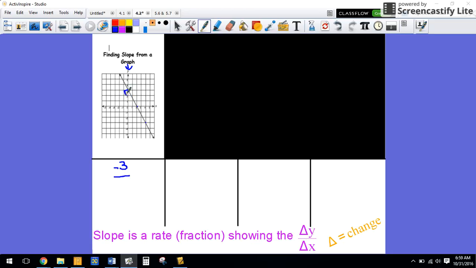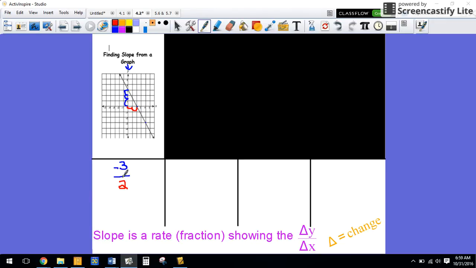So here was my y, 1, 2, 3. Now I'm going to do my x, and I'm going to change colors here just so you guys can see that better. So now I need to count over, and I'm going to go over 1, 2. And I went to the right, and to the right is going toward positive numbers. So that's going to be a +2. So the slope of this graph shows -3 over 2.